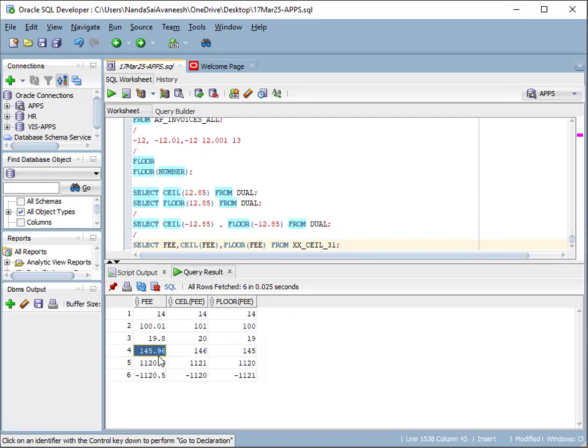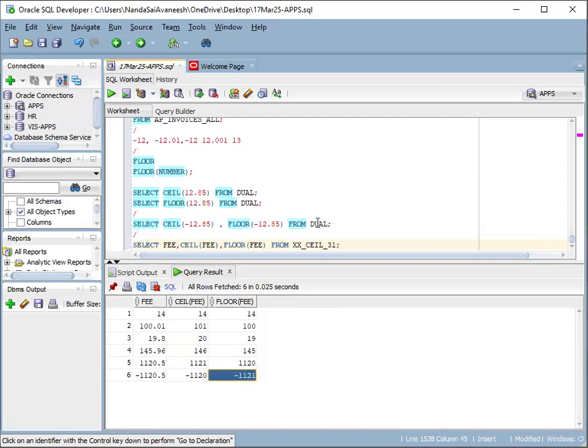Then for 145.96, that is 146 and 145. This is 1120.5, ceil 1121, floor 1120. Minus 1120.5: ceil is minus 1120, the next highest value, and for the floor, the next lowest value, that is minus 1121.